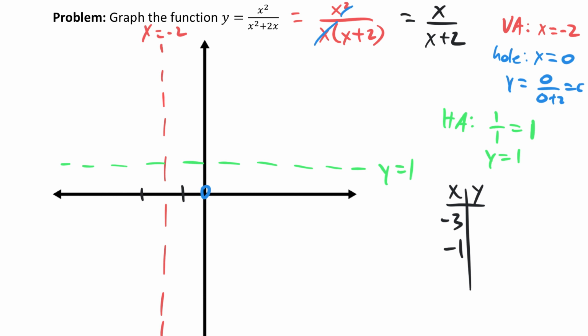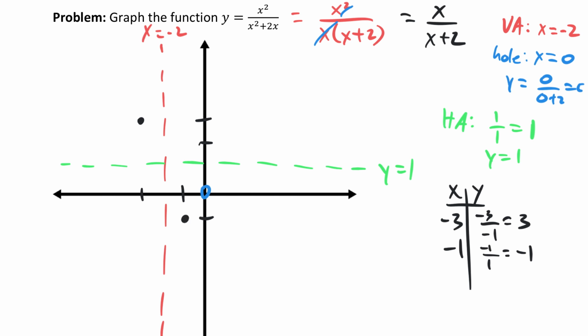Let's go ahead and try the simplified version, so that will give us -3 over -3 plus 2, which is -1. So that will be 3. So we got one right here. And then if we do -1, that'll be -1 over 1, which is -1, right there.